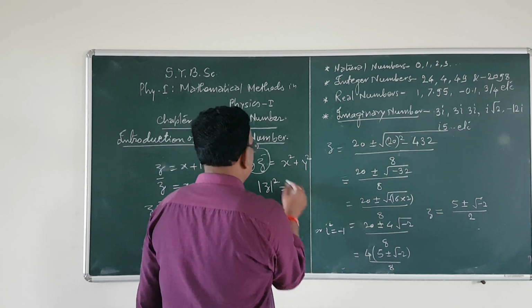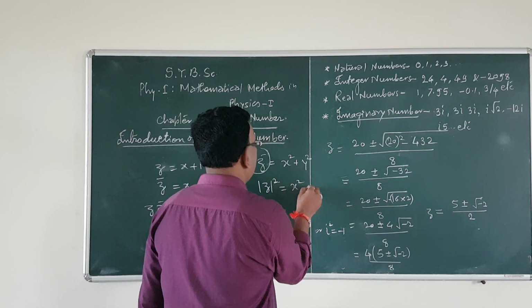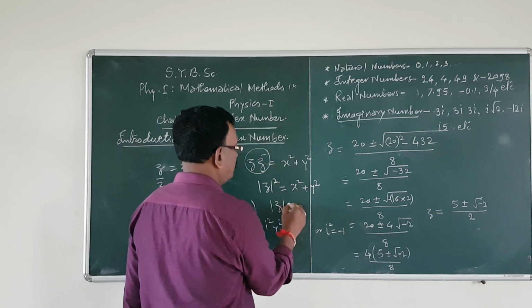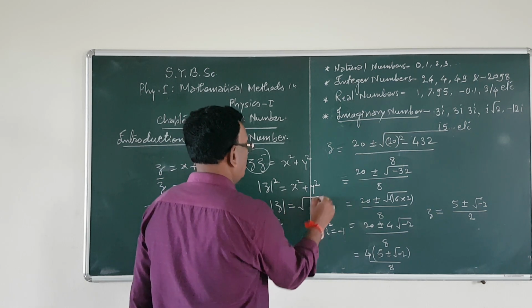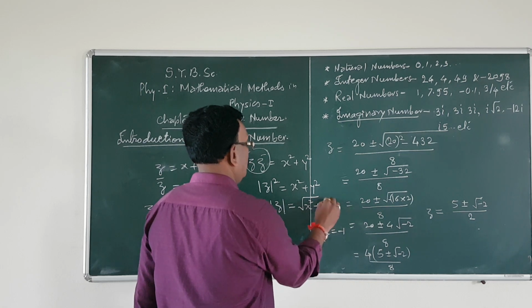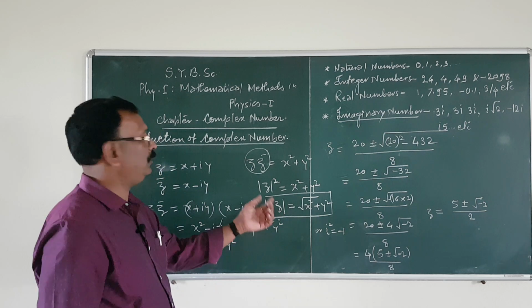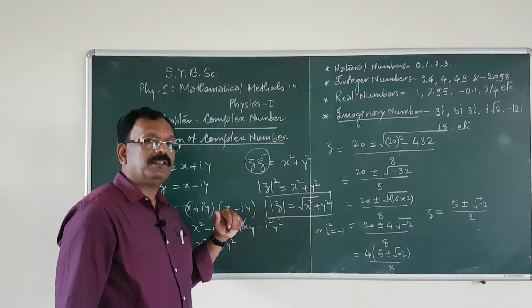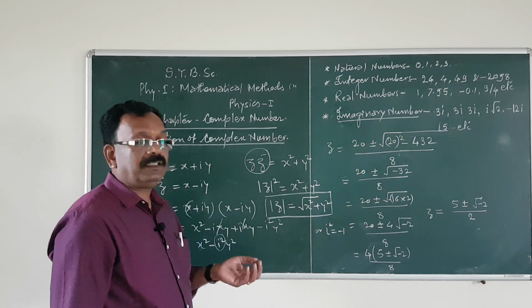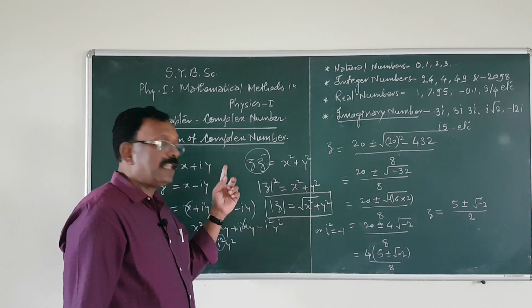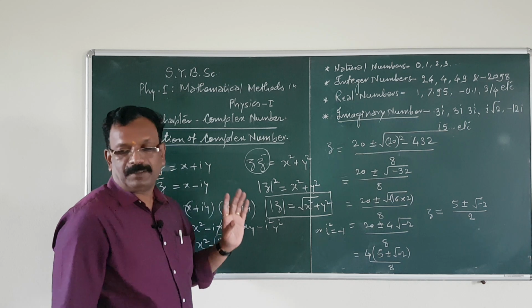If mod of z square is equal to x square plus y square, then mod of z, or modulus of z, is nothing but root of x square plus y square, and this equation gives the modulus of a complex number. In the next lecture we will see the algebra of complex numbers.